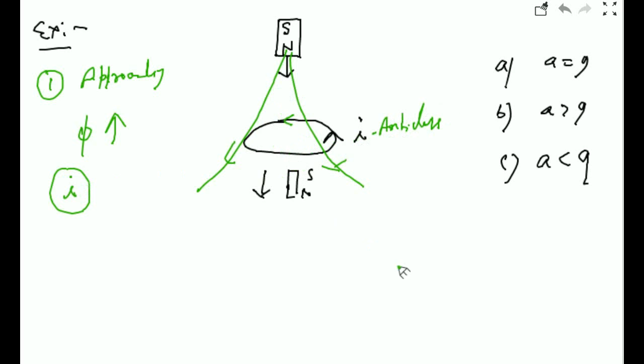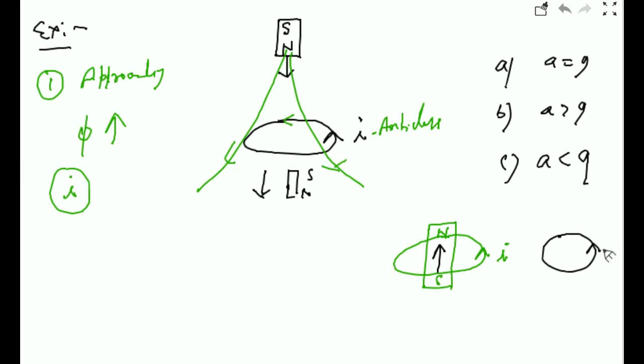You know, the coil is also equivalent to a bar magnet, and if you have an anti-clockwise direction, then you can make here one bar magnet, north to south, because the direction of the magnetic field inside the bar magnet is south to north. And in the coil also, if you have anti-clockwise current, then the magnetic field inside the coil will be upward.